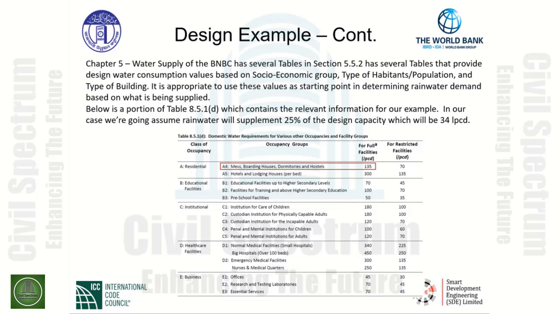The occupancy group, A4, and there is our dormitory, in that line item. For full facilities, it's 135, and we will take 25% of that capacity as being 34.